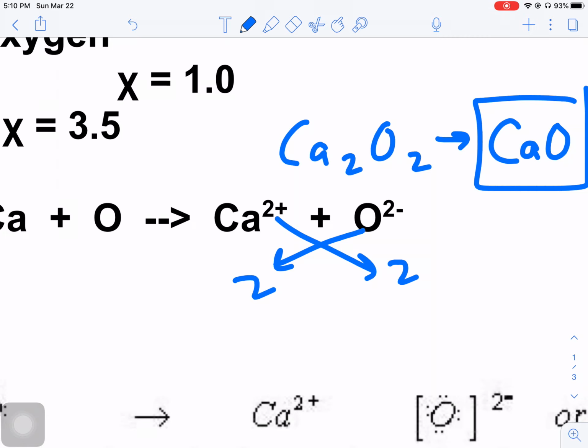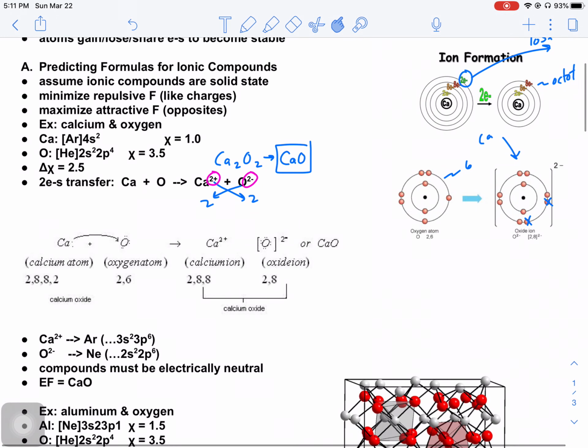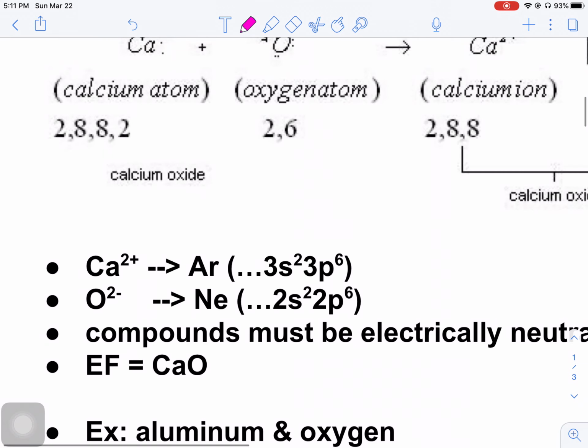And remember, you always have to have a balance of charge. That's kind of the reason we crisscrossed in the first place. So this +2 charge is going to balance out this -2 charge, and we're going to have a neutral compound, calcium oxide.